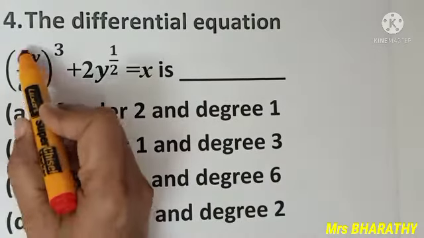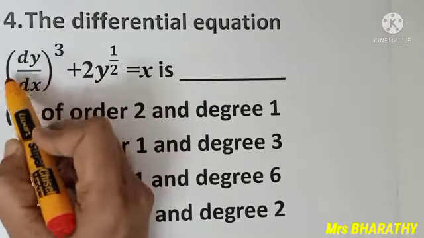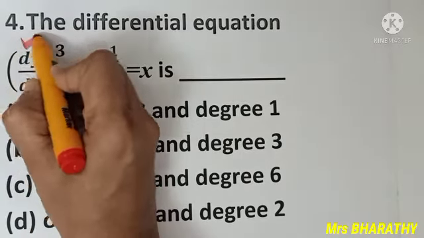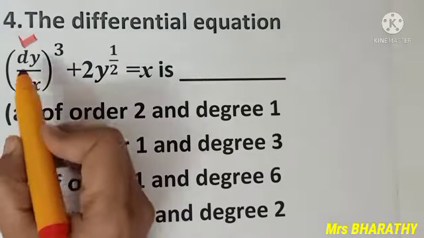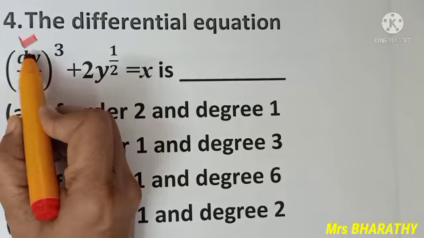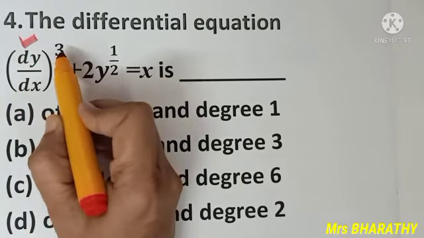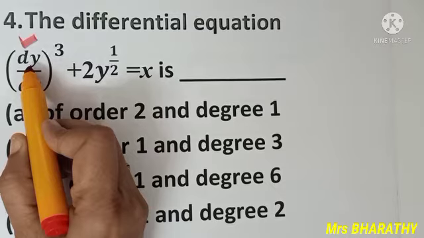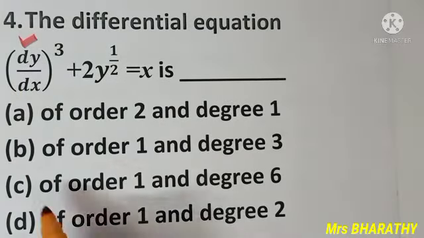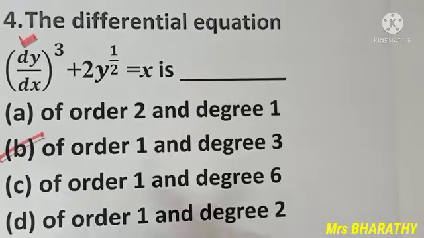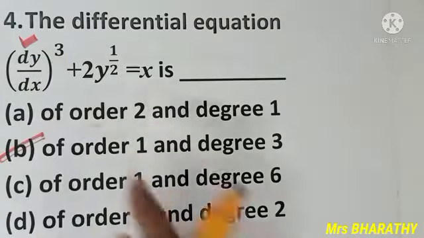So we will check only the derivative. The derivative is free from radical symbol. So this is my choice. Order inside, that is 1. Degree outside, that is 3. So order 1, degree 3. Look out for the choice. Our choice is B. Order 1, degree 3.